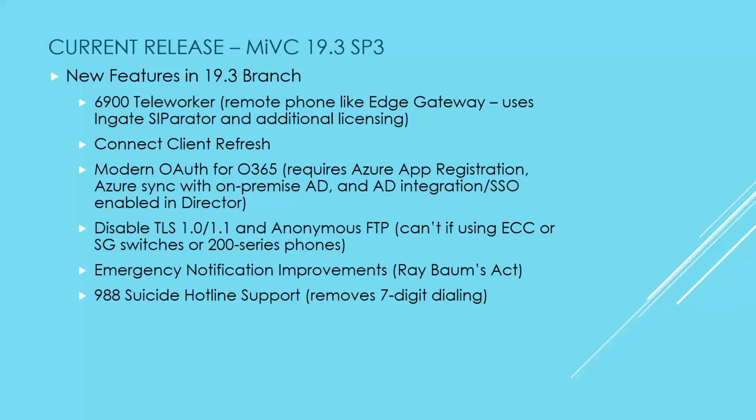So unfortunately, because of the need to be able to dial just 988 and have that go to the suicide hotline the same way you might dial 911, we unfortunately had to remove the ability to dial 7 digits in the system. So with this addition of support for the 988 suicide hotline, we lost the ability to dial 7 digits from the phones.